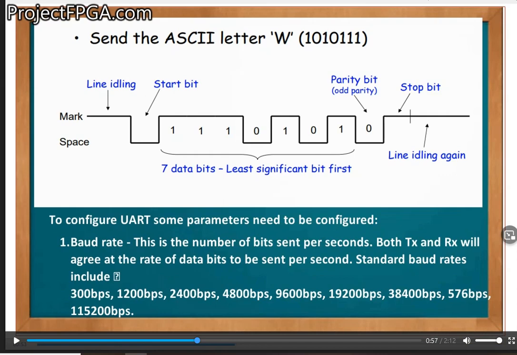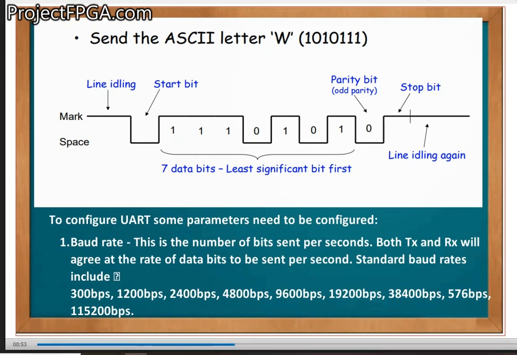To configure UART, some parameters need to be configured first. The first one is the baud rate. This is the number of bits sent per second. Both transmitter and receiver will agree on the rate of data bits to be sent per second.